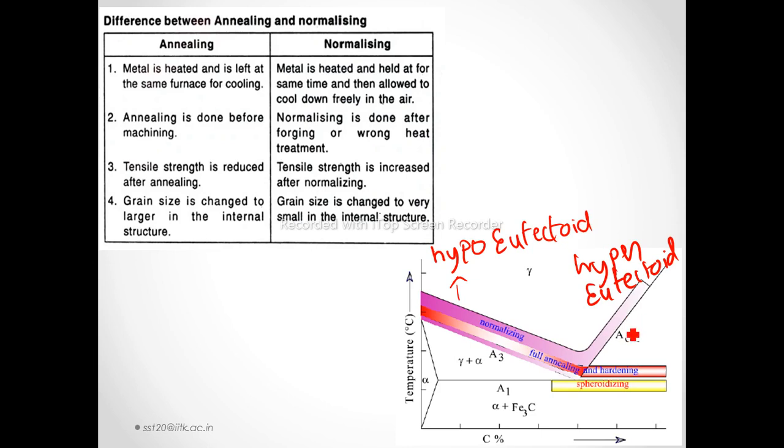If we are doing slow cooling, there may be a chance of getting a network-like cementite structure, but we are doing fast cooling. There is no formation of cementite here, because we are not allowing it to diffuse properly. We are not giving it time to diffuse. We are doing air cooling, hence the austenite is directly transformed into a pearlitic structure.